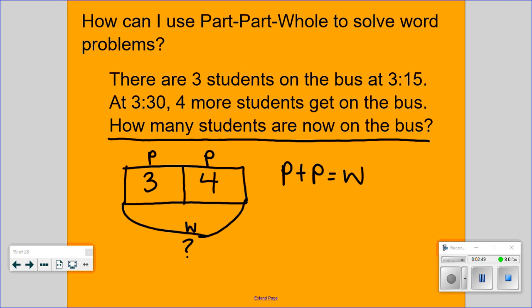If I put that in context of my bar model, I have 3 as 1 part, plus 4 as my other part, equals my whole, which I don't know. I can solve that as 7 equals my whole, or my box, or question mark. So the total number of students on the bus is 7. That is how I went from a bar model using part whole into an equation.